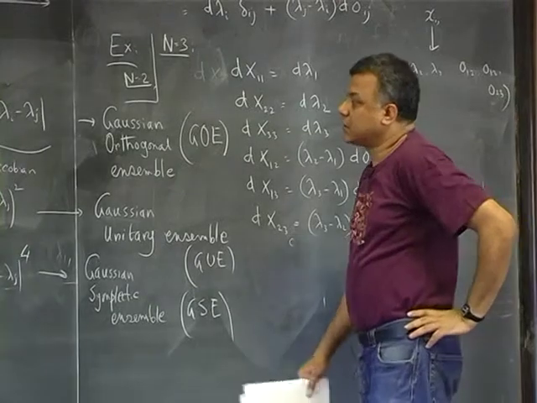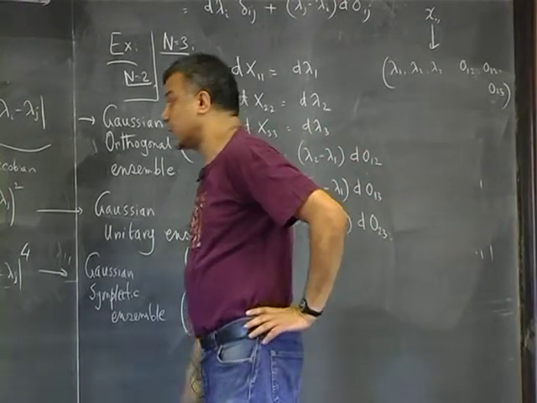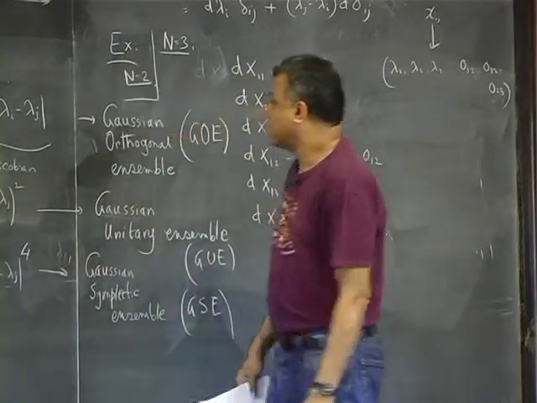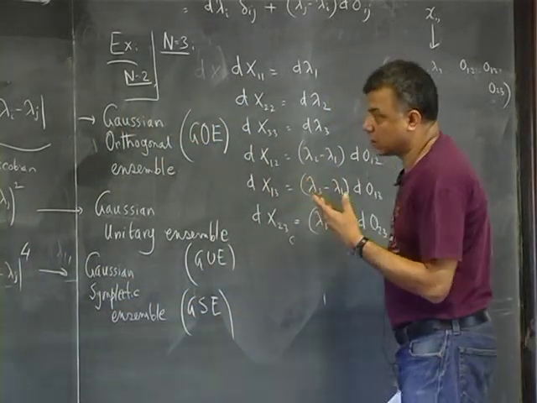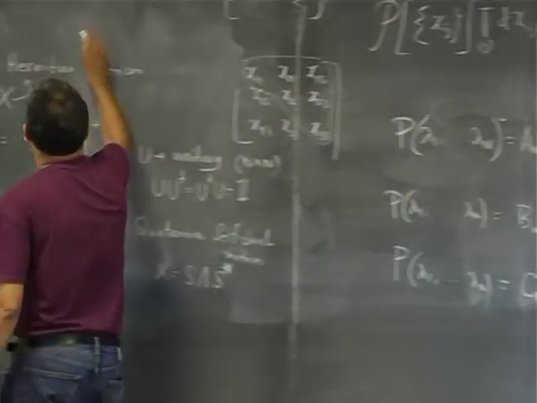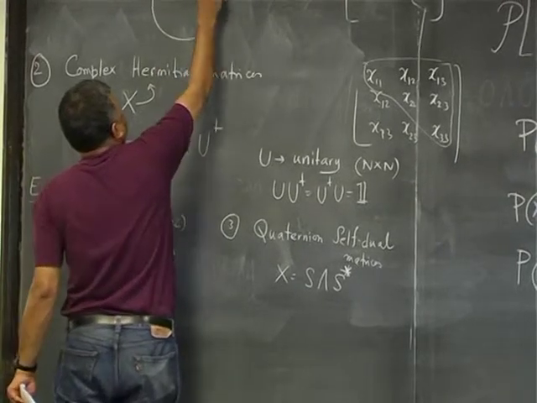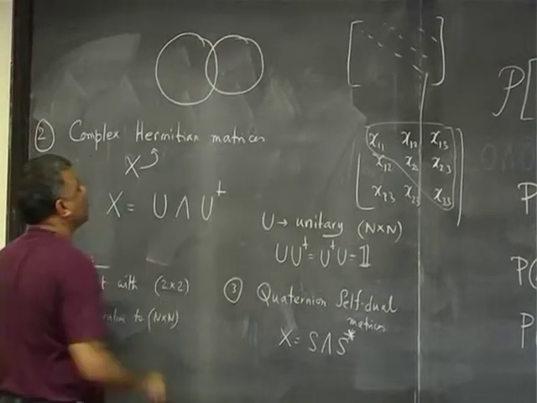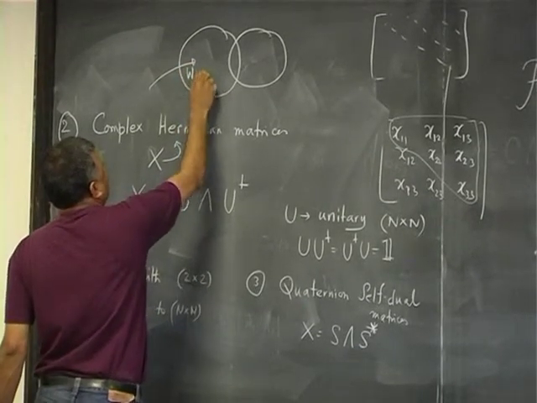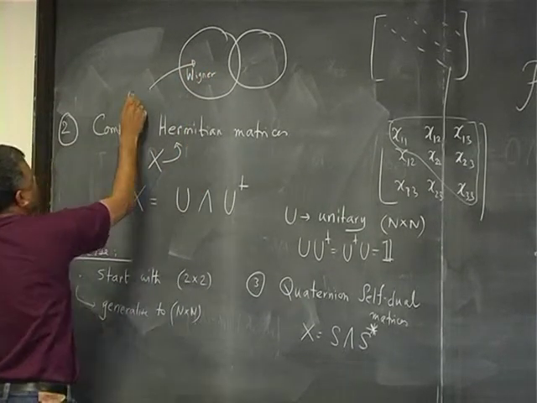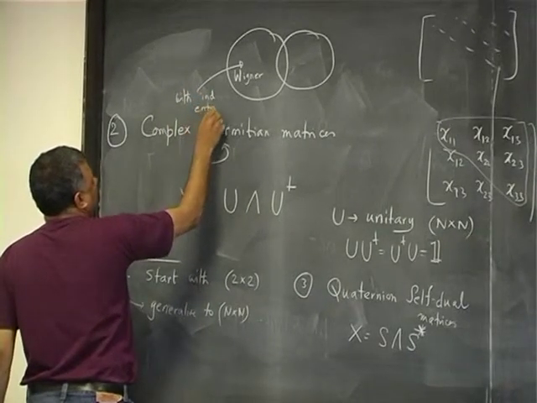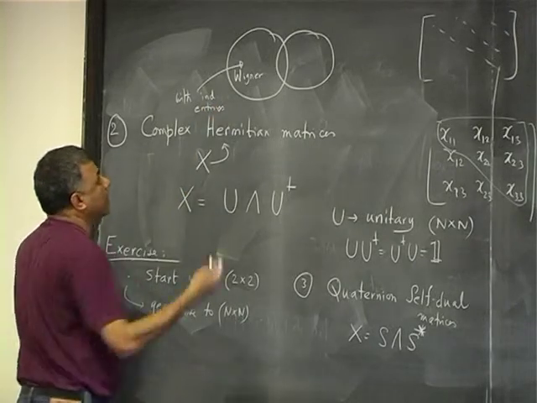So as I said, remember that Gaussian ensemble is a very special case, which is rotational invariant, as well as the matrix elements being independent of each other. You can think of this as, remember the picture I was drawing, that there are two types of random matrices that we can consider. This is in general called Wigner matrices, which means matrices with independent entries, IID or whatever.